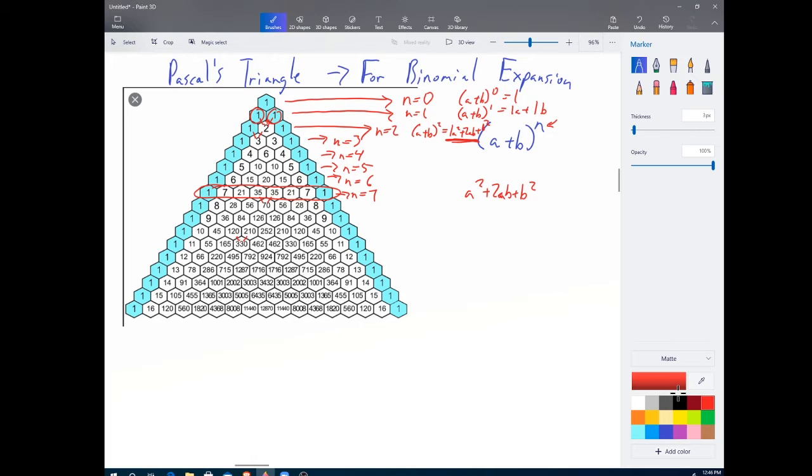What this is saying down here, for my n equals 7th row, which of course is technically the 8th row because the first row is the n equals 0th row. So that is something to remind yourself of. On the n equals 7th row, it means that we're taking the function a plus b to the 7th power.